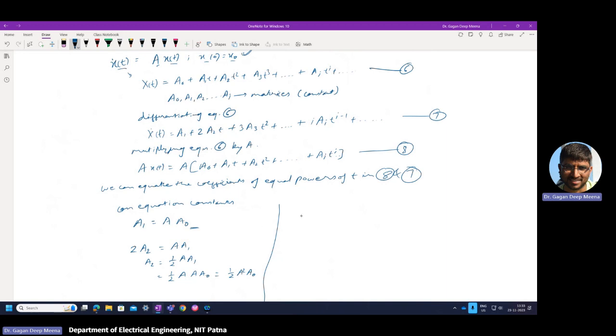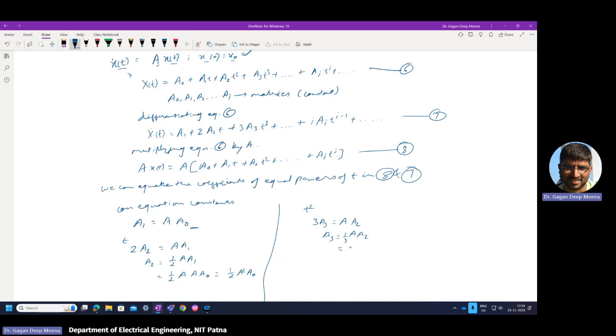So if I further equate the t square terms, this was for t, this was for 0t, and now this is for t square. If I compare the t square part, then 3A3 is here and A2 t square is here. So 3A3 equals AA2, and A3 can be written as 1 by 3 of AA2.